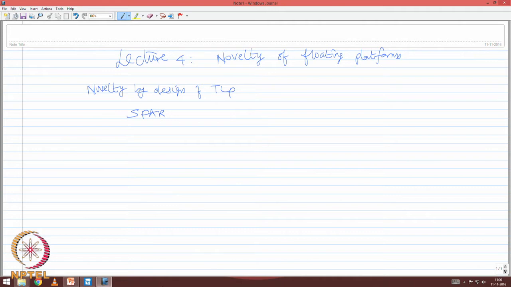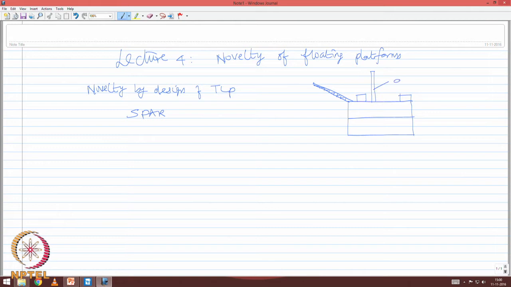A typical spar platform looks like this, which has got multi-level decks, which will have the drilling derrick, the flare boom, and the living quarters and others.